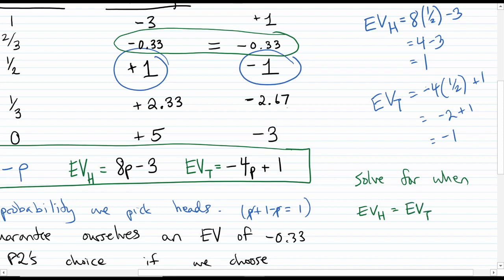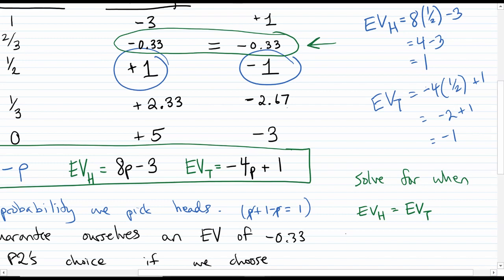That is, I'm going to get the same payout when they play heads as when they play tails. That's going to give me this moment up here, where my expected values are the same. This is when it doesn't matter what the other player does, I'm going to get the same payout.